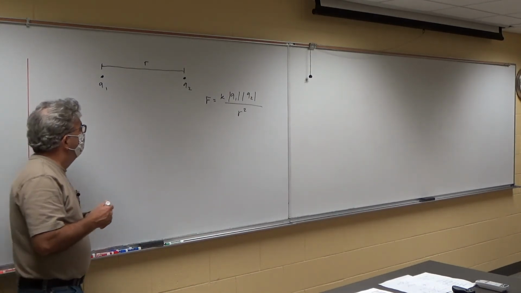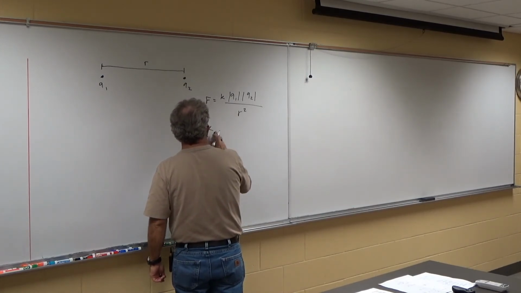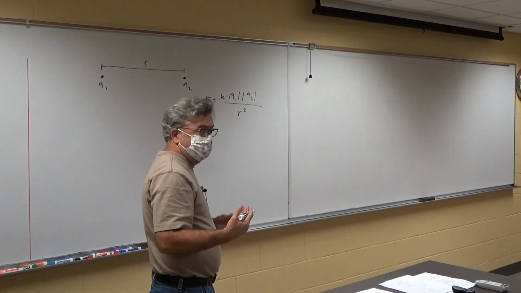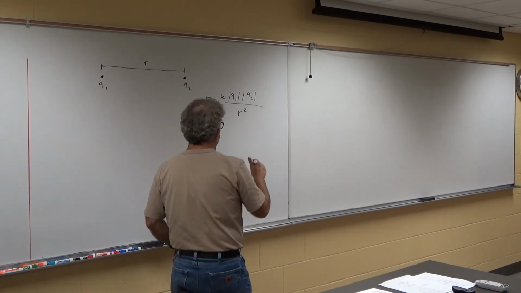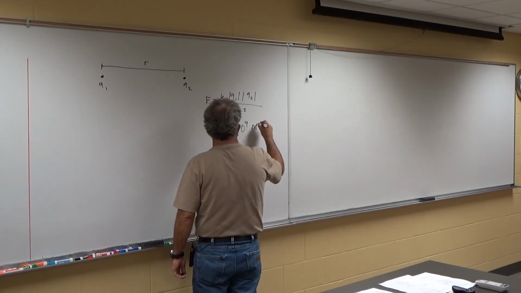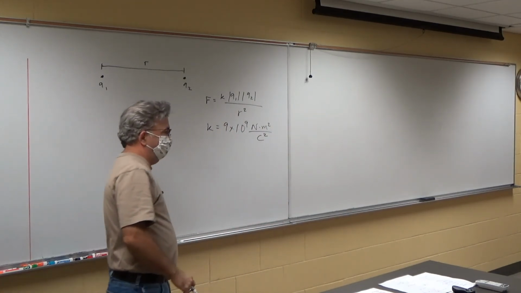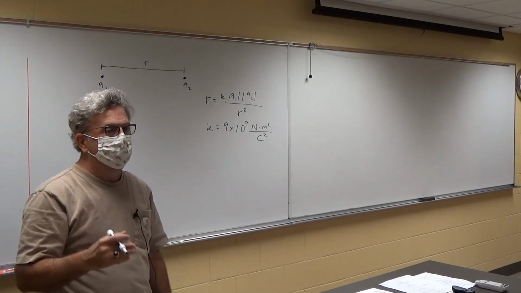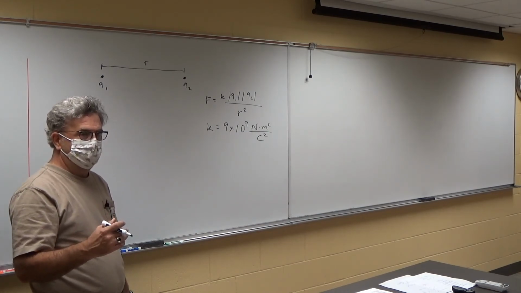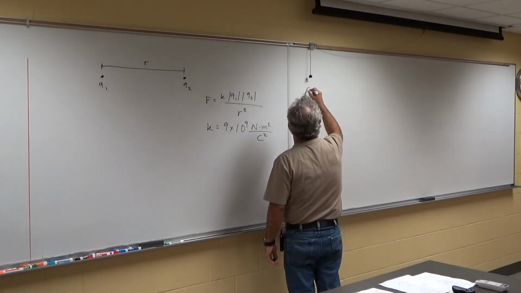Now, K is called Coulomb's constant. You may see it with a little sub E or sub C or something, but I just write K because I know the context. We're talking about Coulomb's law. So K is equal to 9 times 10 to the 9 Newton meters squared per Coulomb squared. It is a combination of 4 pi and the permittivity of free space, which is a more fundamental unit, epsilon naught.